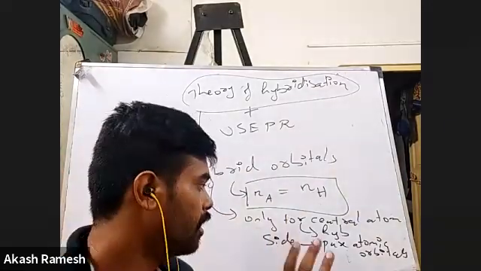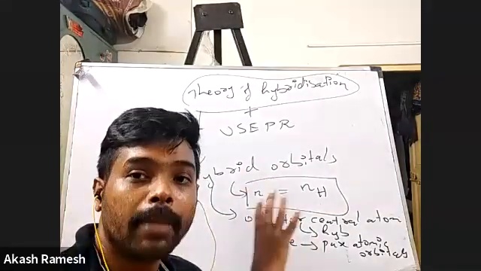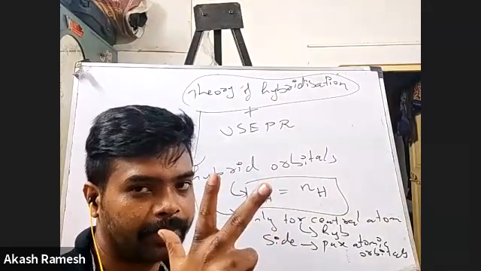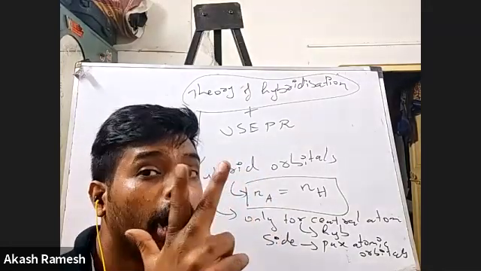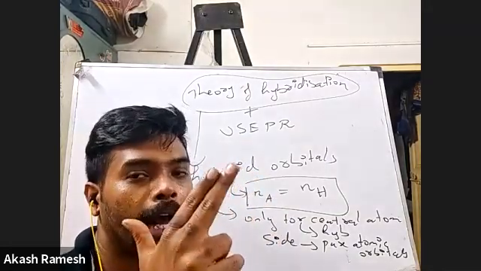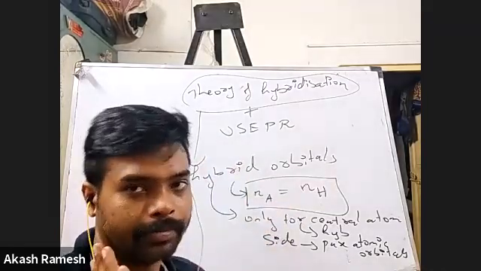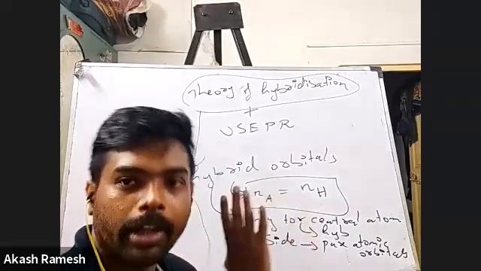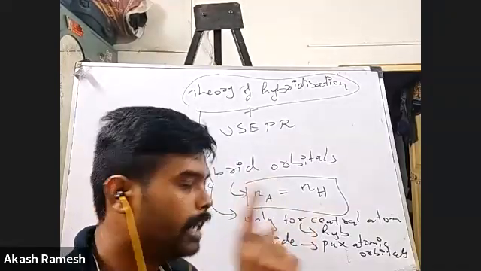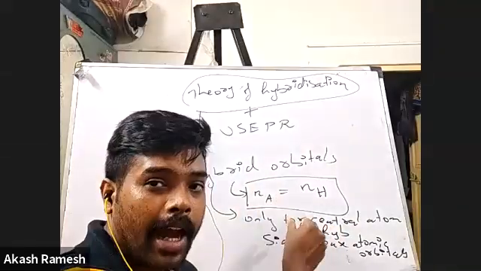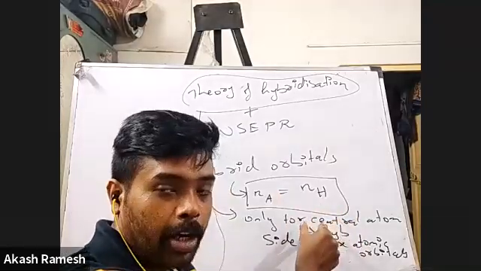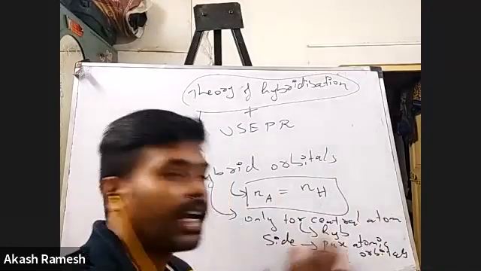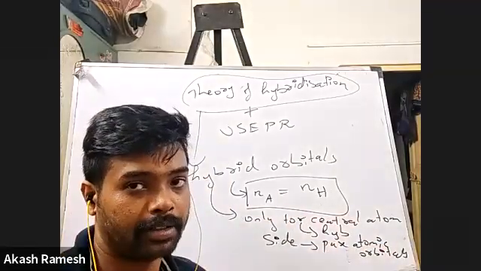In VBT, both pure atomic orbitals overlap to form a sigma bond or a pi bond. Here also I have overlap, but for the central atom, it is the hybrid orbitals which overlap with the pure atomic orbitals of the side atom. That is the only difference.